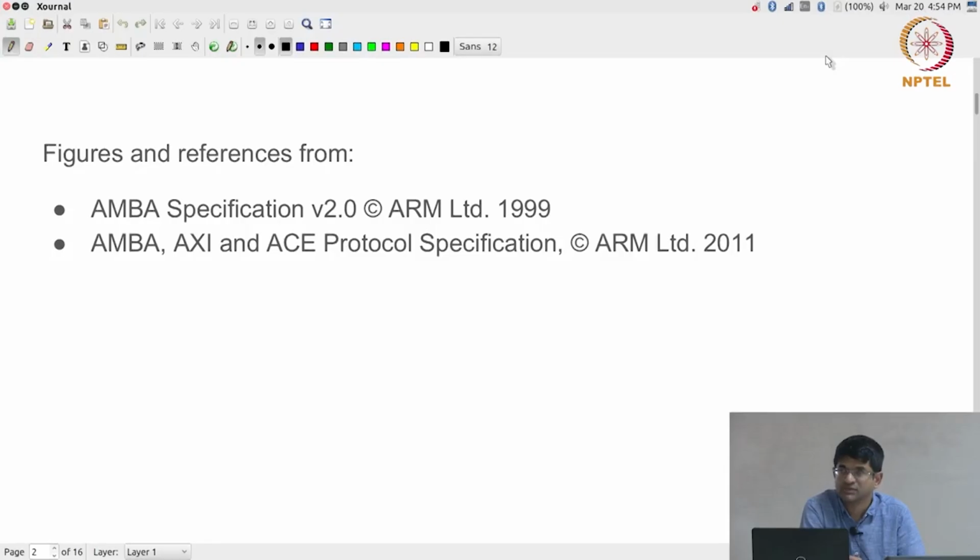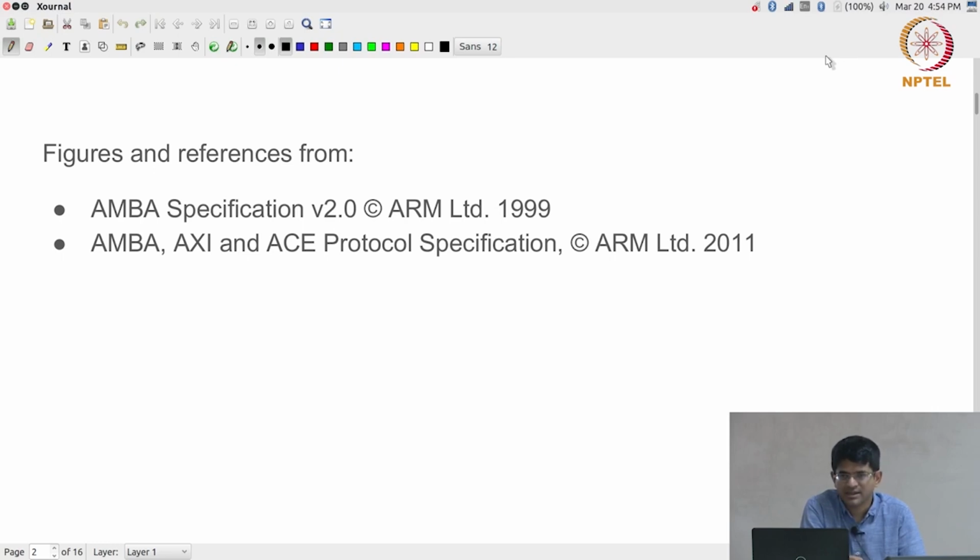So just a word of background for the figures that I have used in this presentation. Pretty much all of them are from one of these two documents, either the AMBA specification. AMBA basically stands for the Advanced Microcontroller Bus Architecture, right?